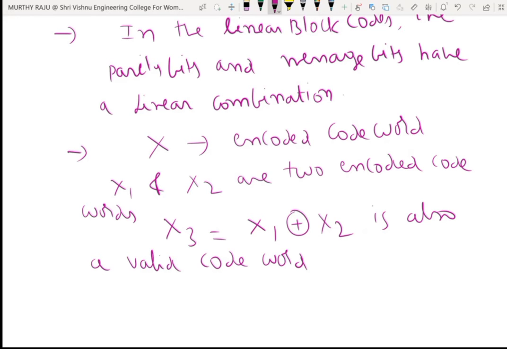Therefore, block codes are called linear block codes.